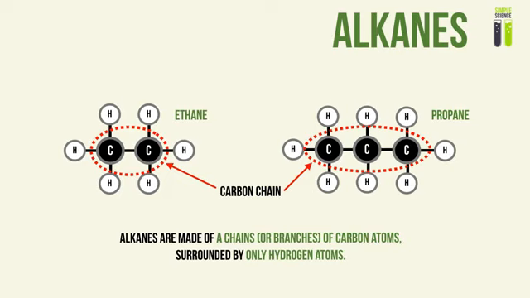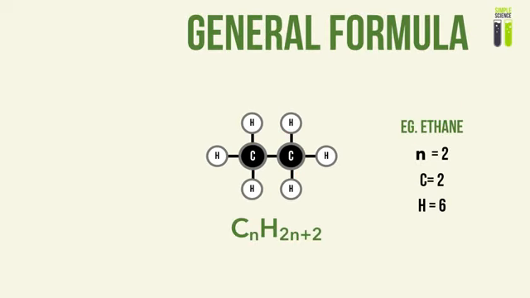Their general formula is basically a mathematical formula with the variable n, which you can insert a particular n into, and you can find out any alkane. In this case, we have ethane, whereby n is equal to 2. For alkanes in general, the general formula has the variable n, whereby n is conveniently the number of carbon atoms.